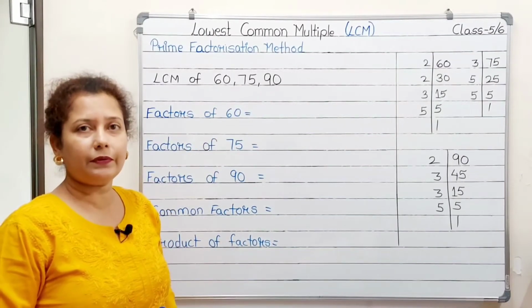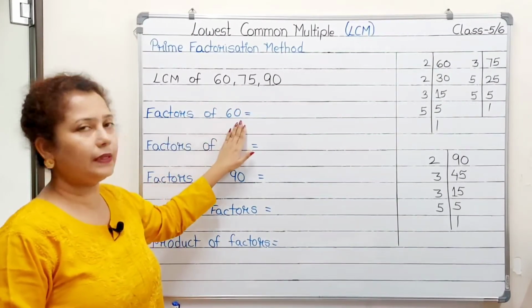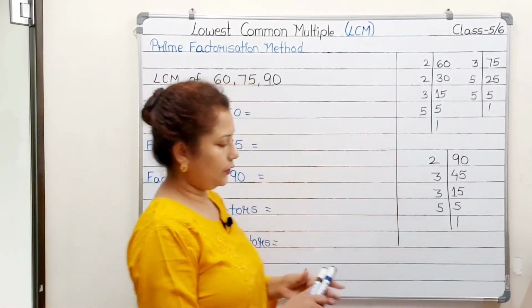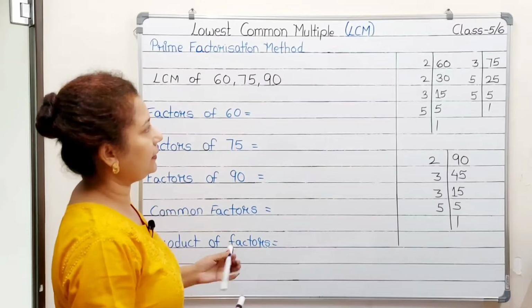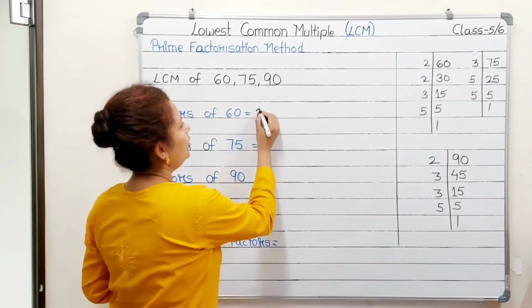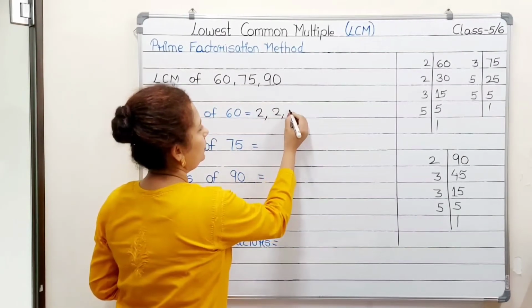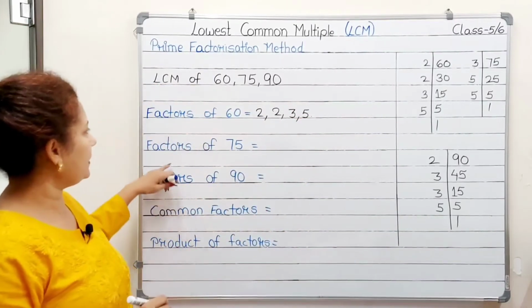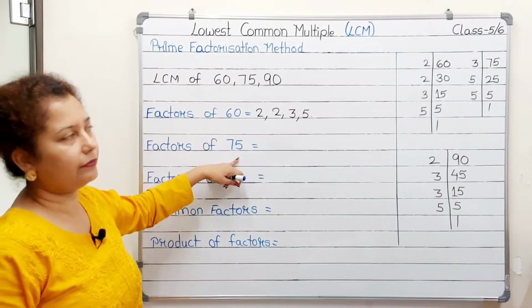So here first we will find factors of 60. Factors of 60 are here. So we will write all the factors of 60, that is 2, 2, 3 and 5. Next is factors of 75.